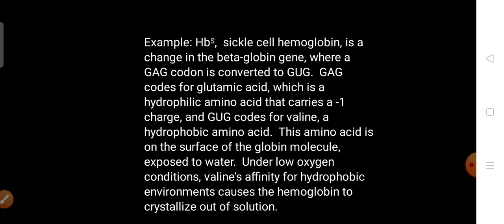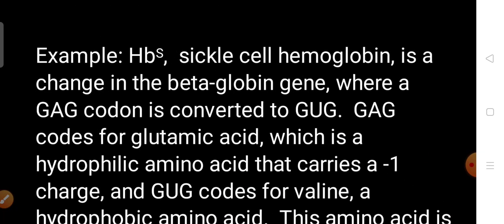Say, for example, hemoglobin S means people having sickle cell anemia. Sickle cell hemoglobin is a change in the beta globin gene, where the actual codon at the sixth position in the normal hemoglobin chain is GAG.